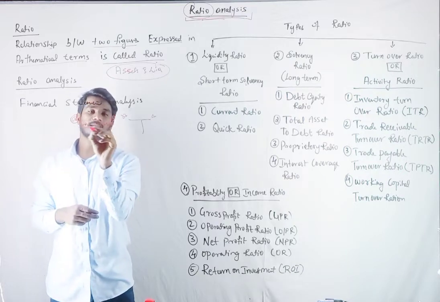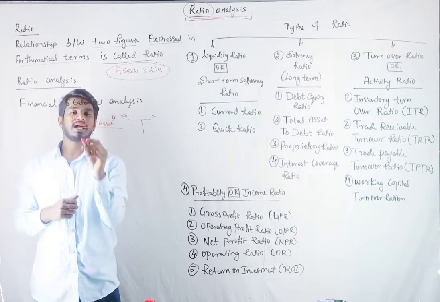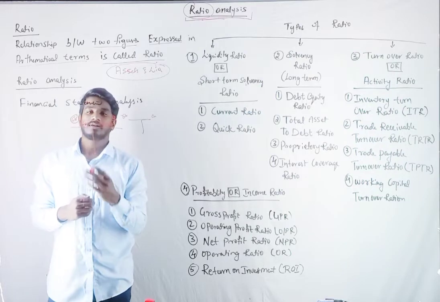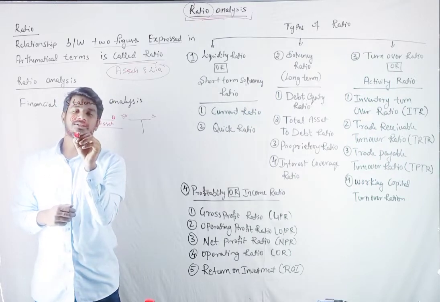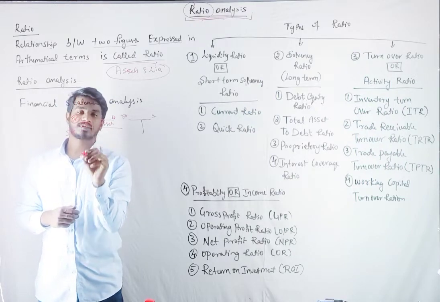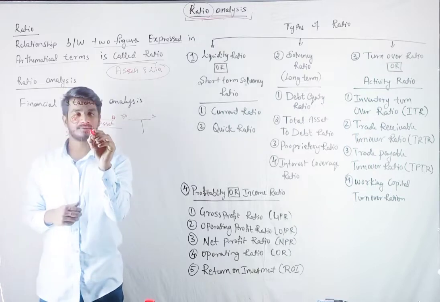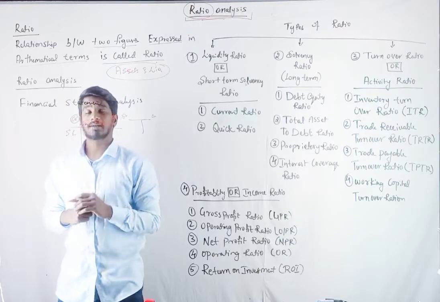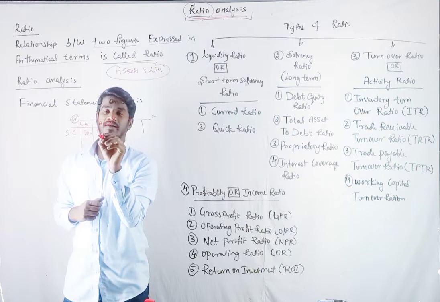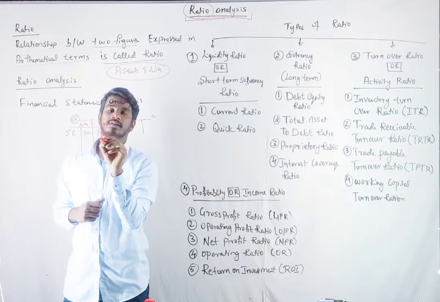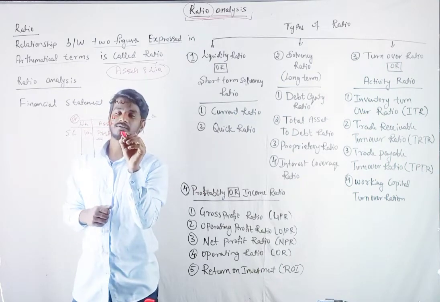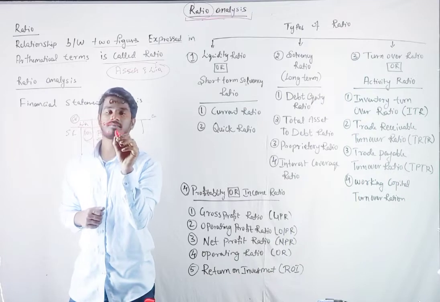Let's say we have liability, share capital, let's say 10 lakh, okay. Similarly, we should have an asset on the asset side for the same amount.